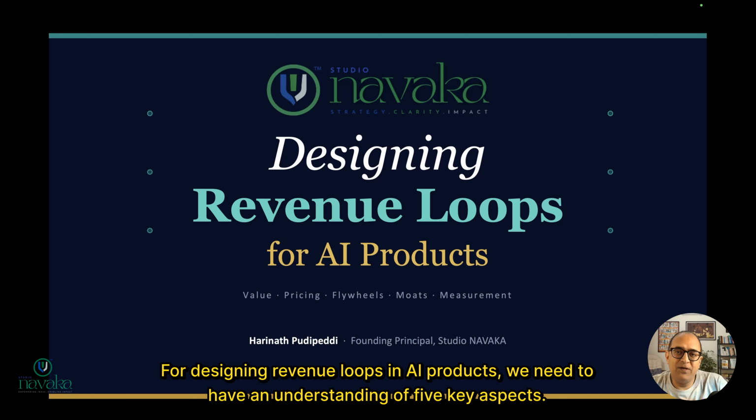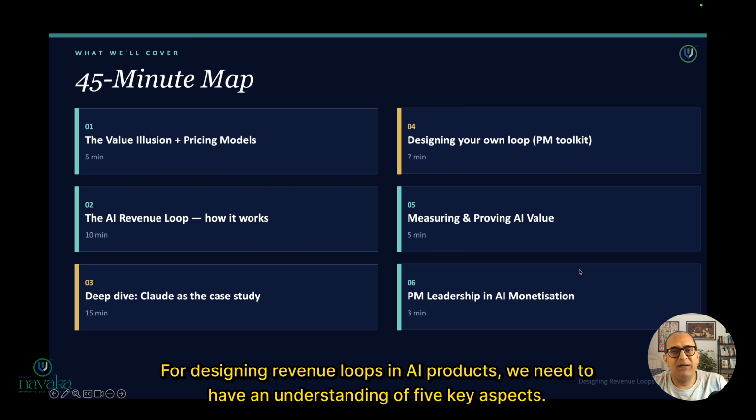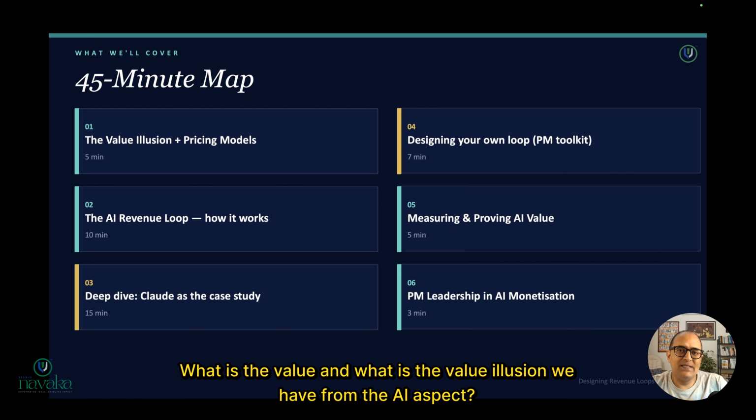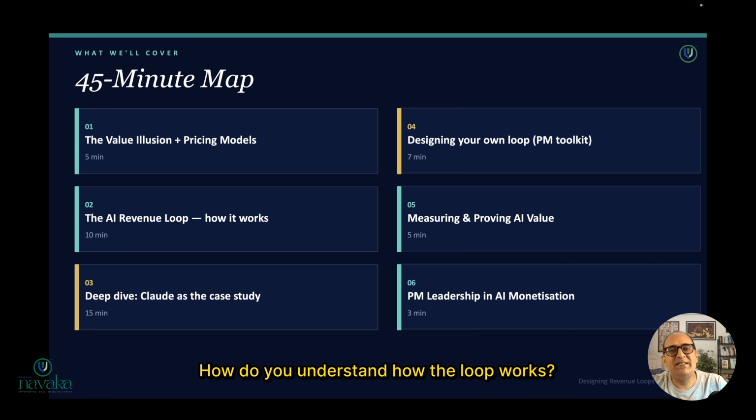For designing revenue loops in AI products, we need to have an understanding of 5 key aspects. What is the value and what is the value illusion we have from the AI aspect? How do you understand how the loop works?